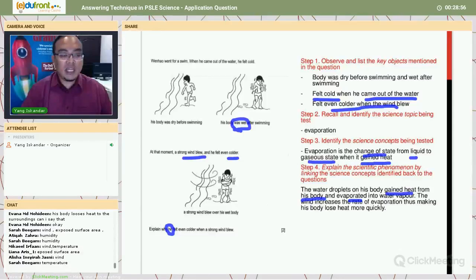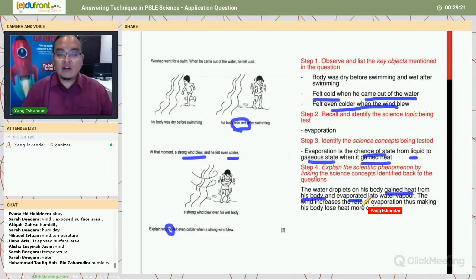Humidity, yes. Humidity affects water. Very good. Temperature of water also affects the rate of evaporation. Presence of wind, temperature, humidity. Very good.